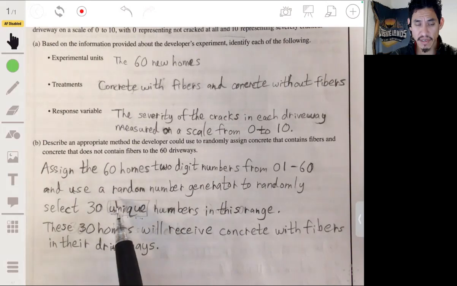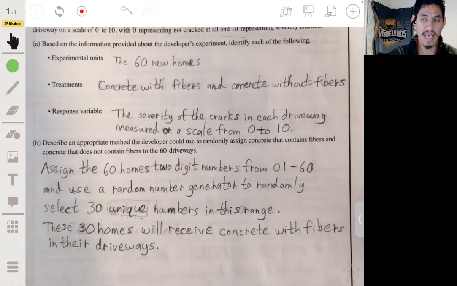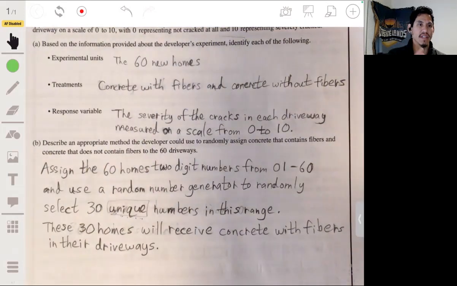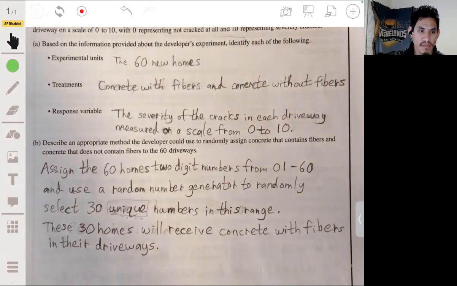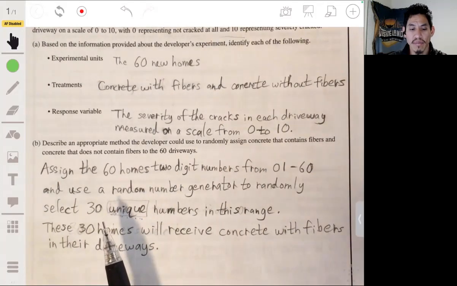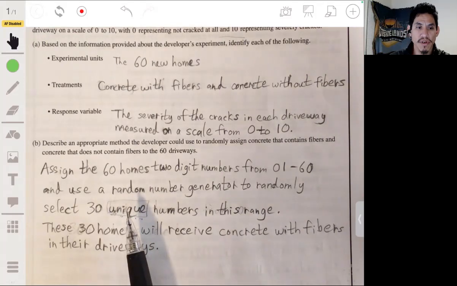Make sure you say unique, or mention that repeats will be ignored, because if you get, let's say, number 20 twice, the second 20 won't count because you're not going to apply it twice to the same house. So in some way mention that whenever you get a repeat number, you're going to ignore it and not count it.